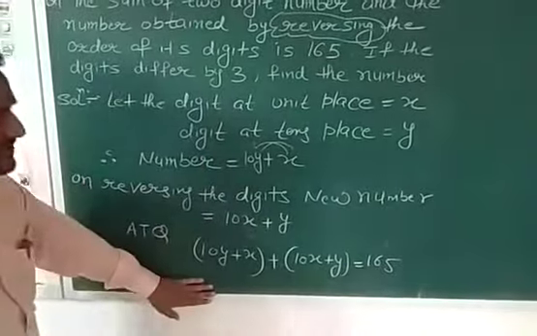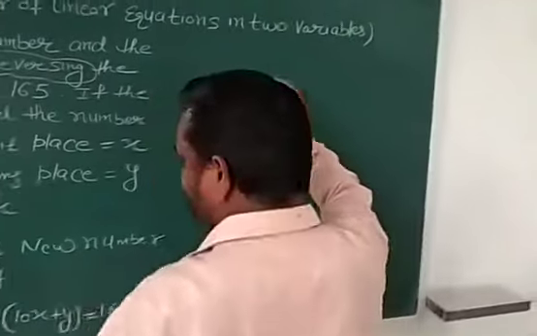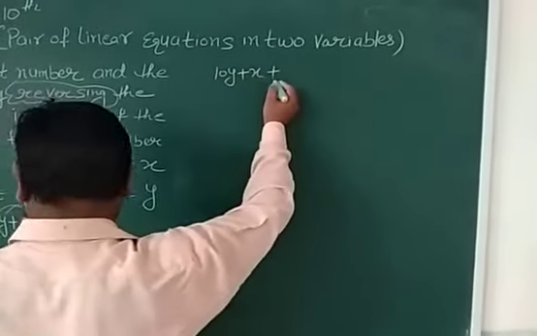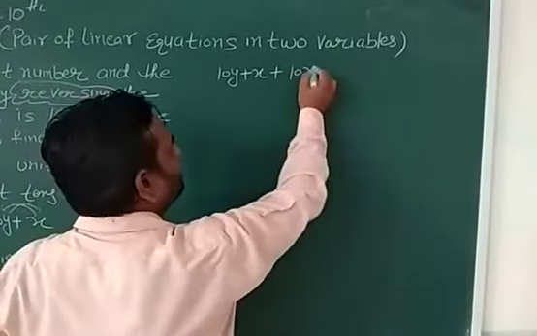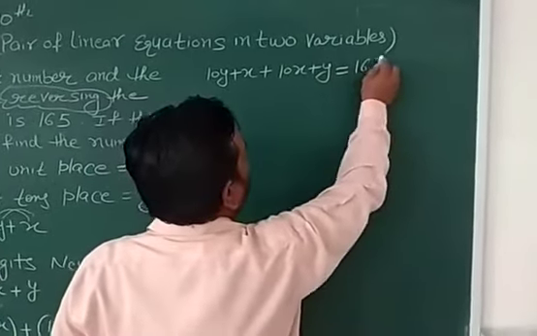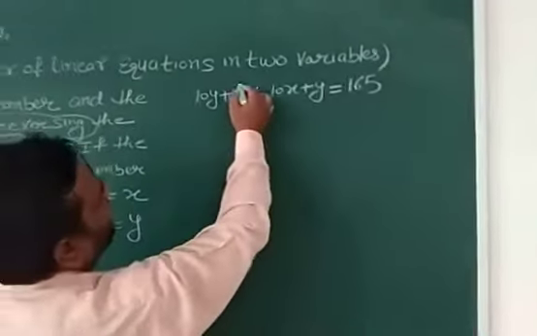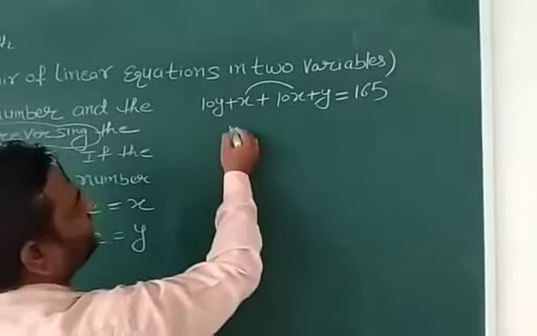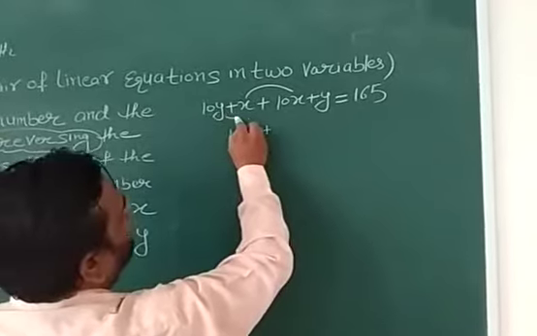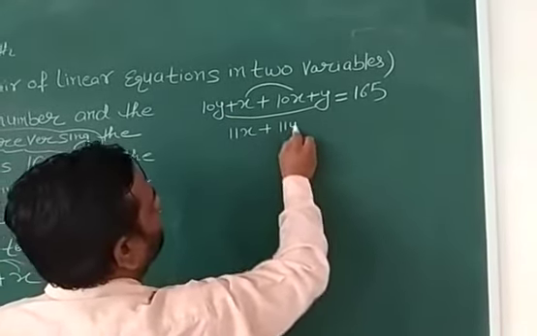Let me solve this first. So what do we get, students? 10y plus x plus 10x plus y is equal to 165.